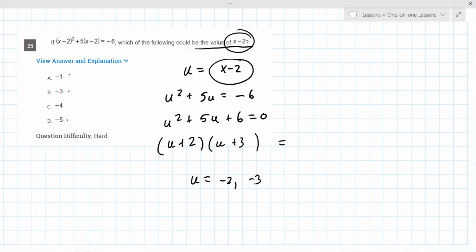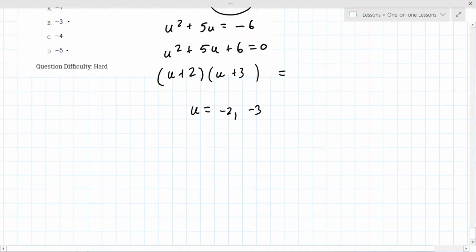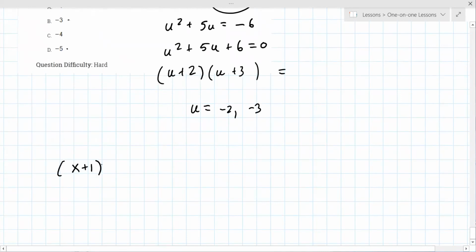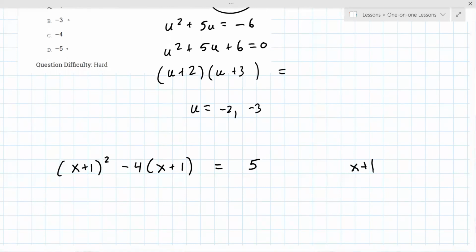Okay. So for example, let's do another one here. Let's say it was x plus 1 squared minus 4 times x plus 1 equals 5. And I want you to solve for x plus 1.